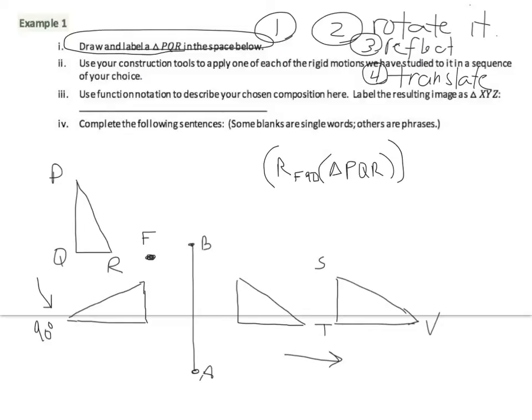Then I reflected it, over segment AB, and then parentheses around that. And then I translated it. I don't think I named my ray. Nope. I translated it on vector V, and that gave me triangle XYZ.